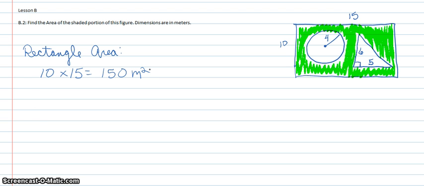And then we'll find the area of the circle, which is pi r squared, so we're going to have pi times 4 squared. So we have 3.14, I said the one, didn't write it, times 16.